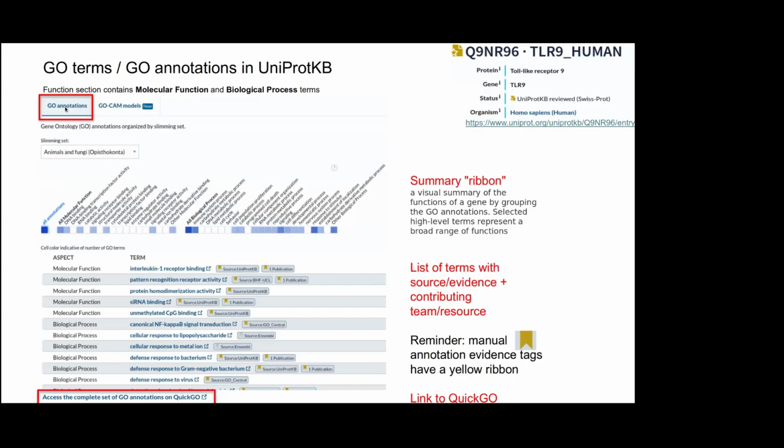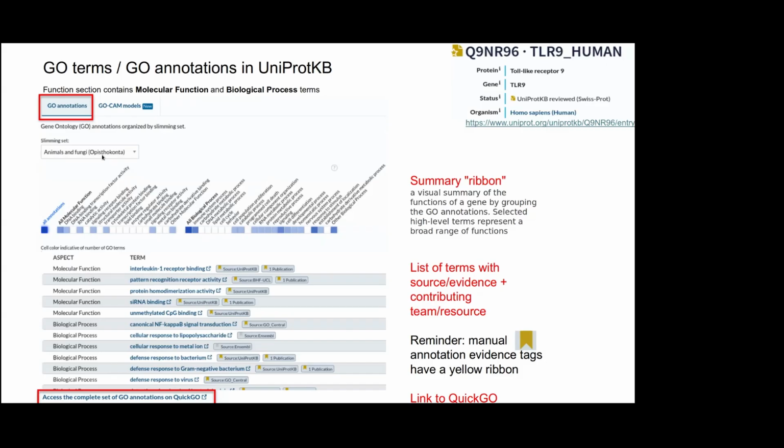There are two tabs. First, GO annotations, which gives access to the standard GO annotation, visually summarized by this so-called ribbon, where GO terms are grouped in a way that some selected high-level terms represent a more or less broad range of functions.